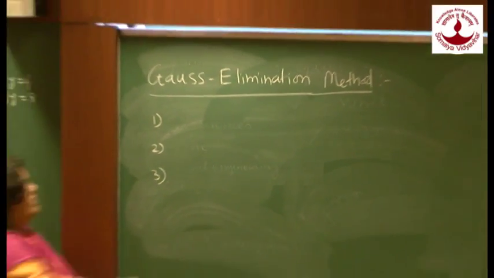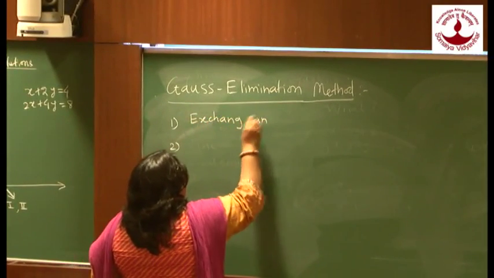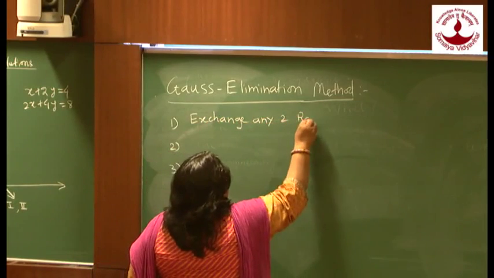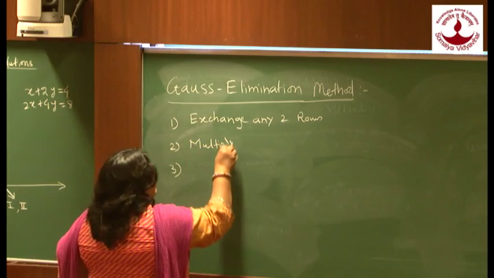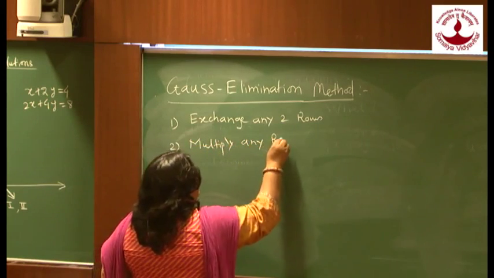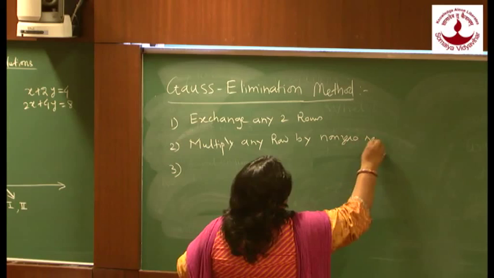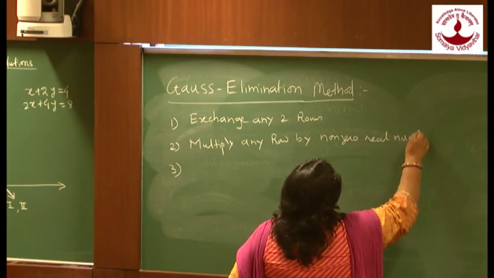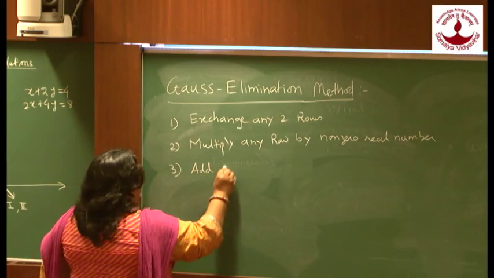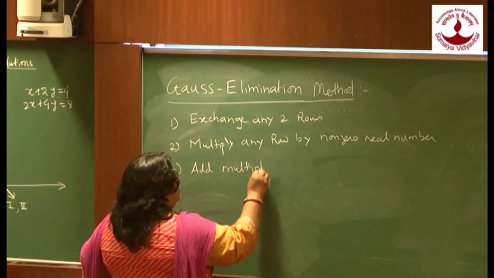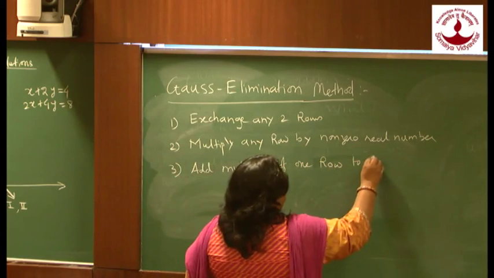First is exchange any two rows, second is multiply any row by a non-zero real number, and third is add a multiple of one row to another.